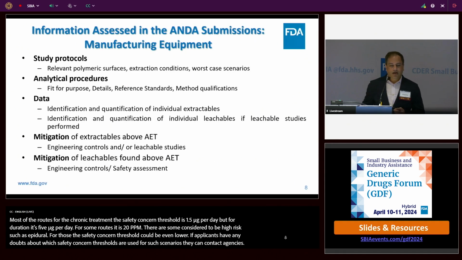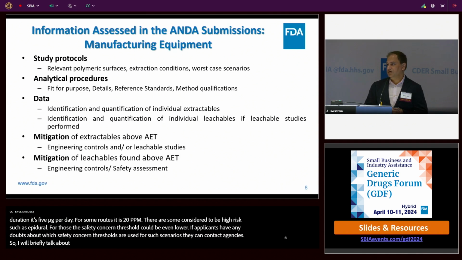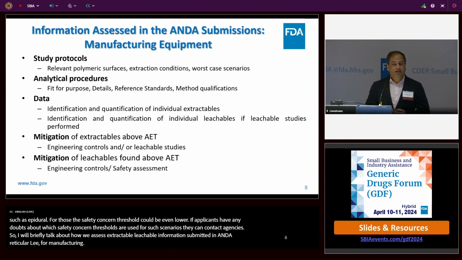So I'll briefly talk about how we assess extractable and leachable information submitted in ANDAs, particularly for manufacturing equipment. What we typically assess are the study protocols, analytical procedures, and data.